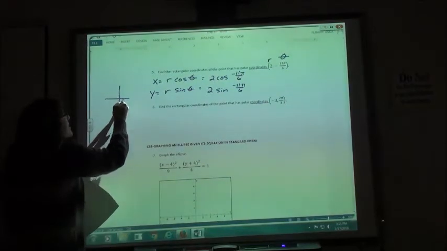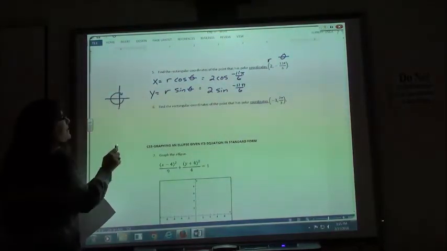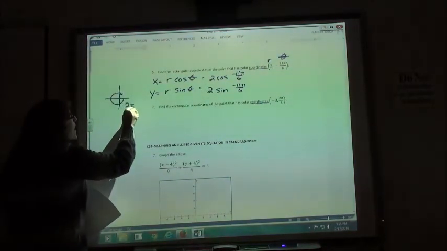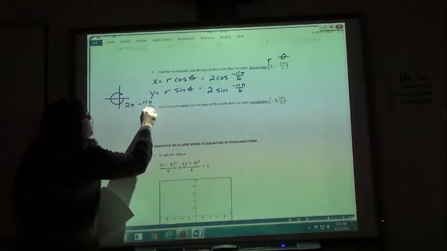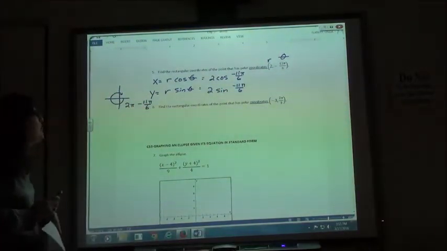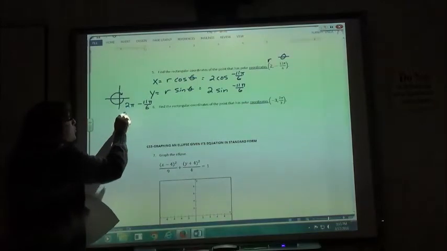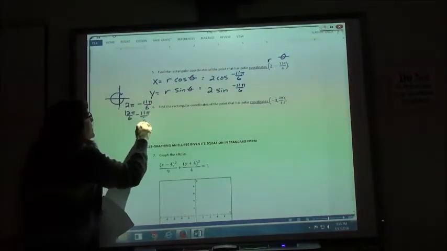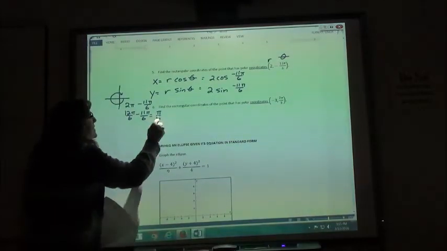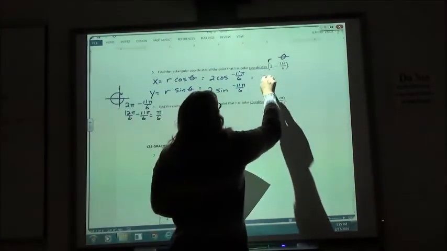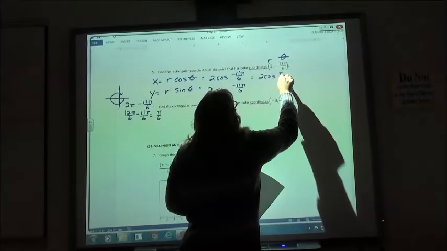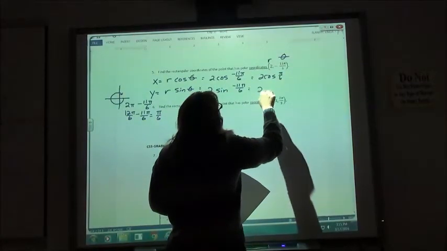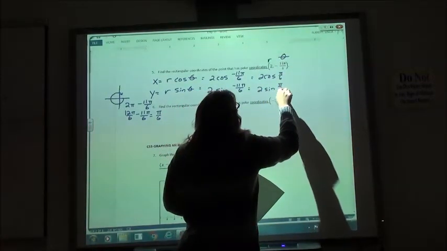So if I were at -11 pi over 6, I'm just going to take 2 pi minus 11 pi over 6 and change it to the positive measurement. So 6 times 2 would give me 12 pi over 6 minus 11 pi over 6, which is just pi over 6. So I'm really going to do 2 times the cosine of pi over 6 and 2 times the sine of pi over 6.